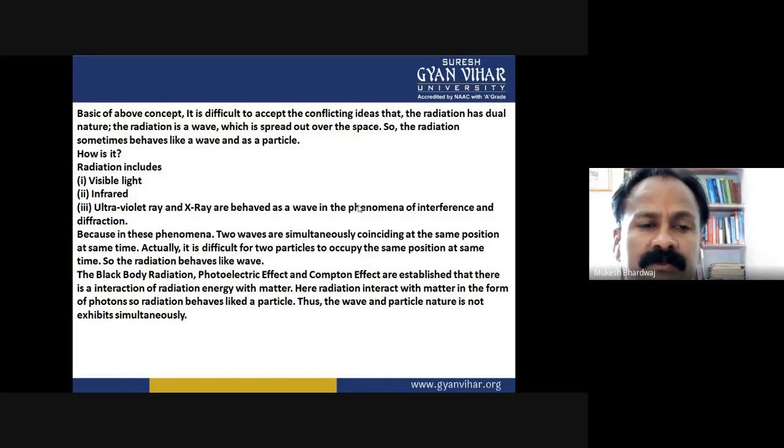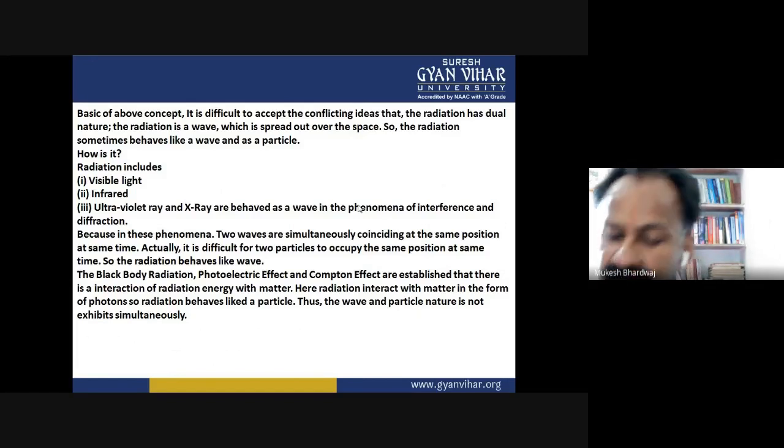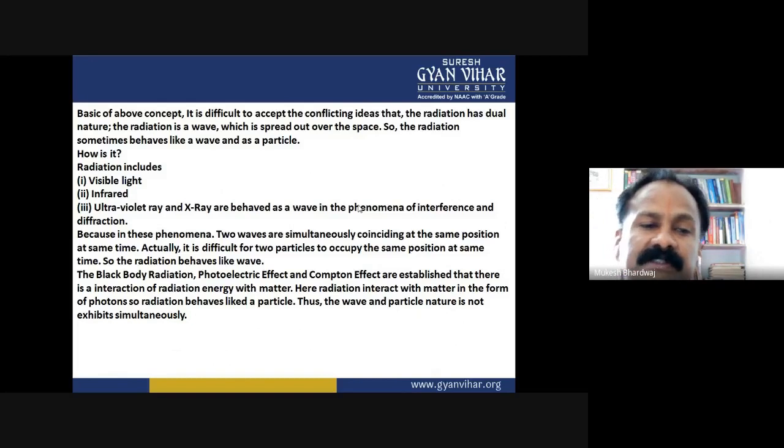It has a little significance when understanding the diamagnetic or magnetic effect of the element, because in these phenomena two waves are simultaneously coinciding at the same position at the same time. Actually, it is difficult for two particles to occupy the same position at the same time. So the radiation behaves like a wave.